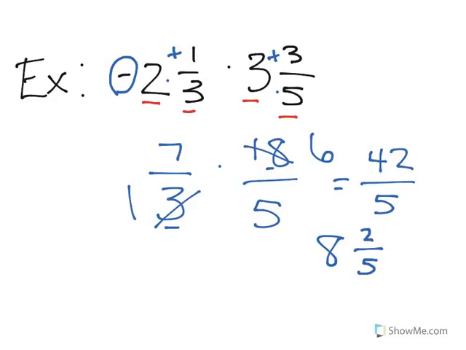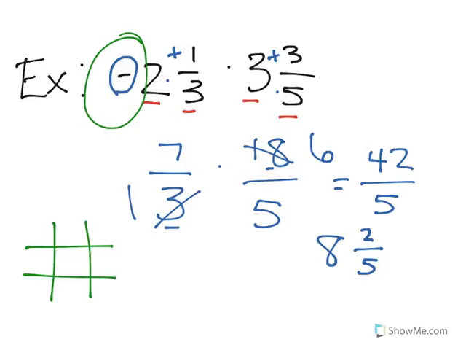So now we have to deal with this negative sign right here. If you remember from back when I taught you how to do this, we can think about that as that tic-tac-toe board where we have pluses going across here and then minuses this way, so that we know negative times a positive is going to turn into a negative.